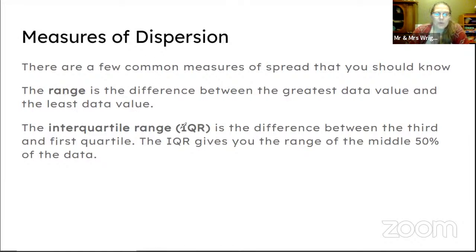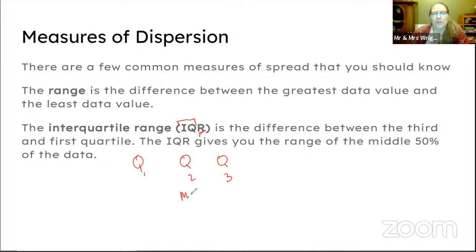So then interquartile range, we still have that same word range there. So we just have to really focus on, well, what does interquartile mean? Well, if you remember from our vocabulary video, we have 3 quartiles.